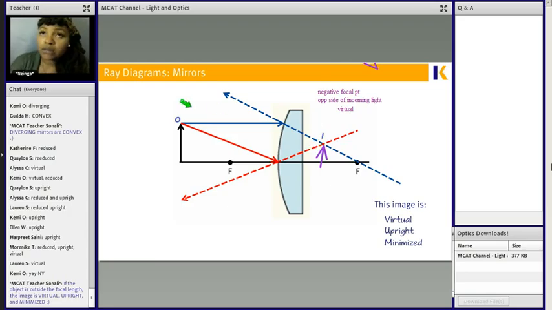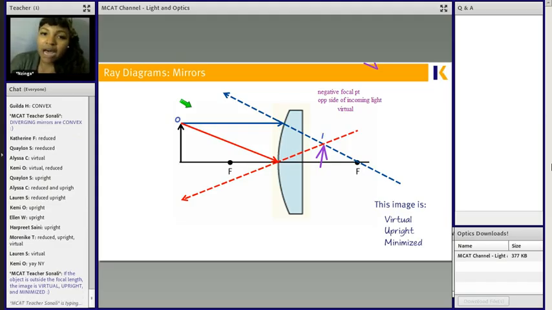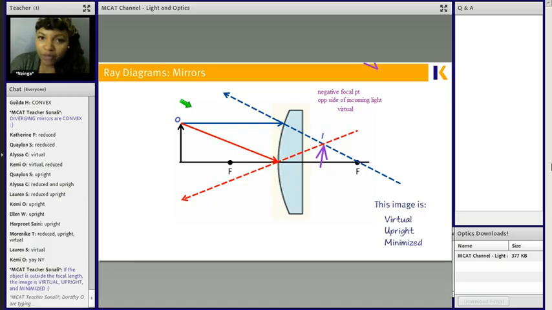Now, this would be a great time for you to take a screenshot, if you want to. I do want to take this time to remind you that you absolutely do not need to draw out ray diagrams for your MCAT. That's just not something that you're going to need to do. But the reason that we do this here is to show you how we come up with the idea of what an object is going to do if it's in front of the focal point, behind the focal point, or on top of the focal point.